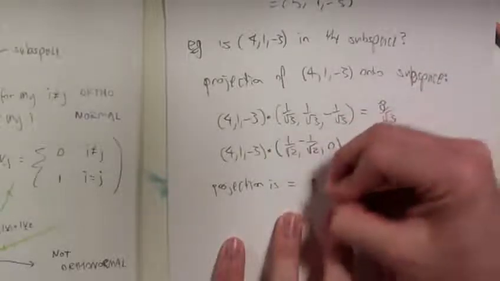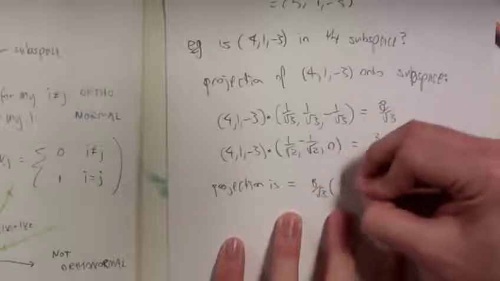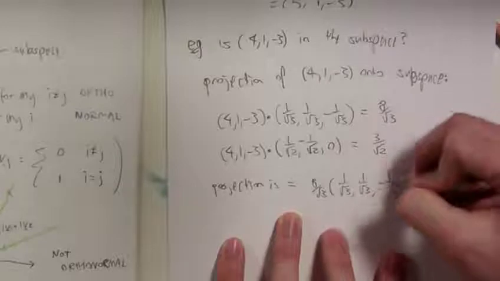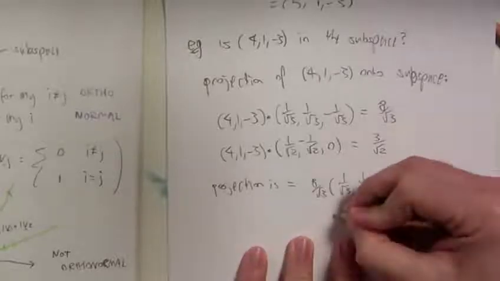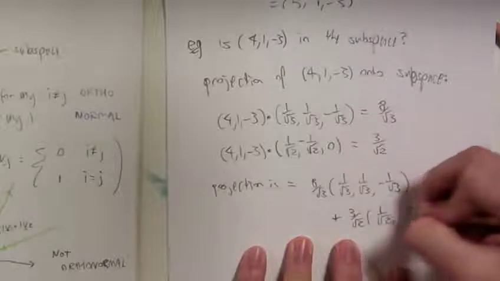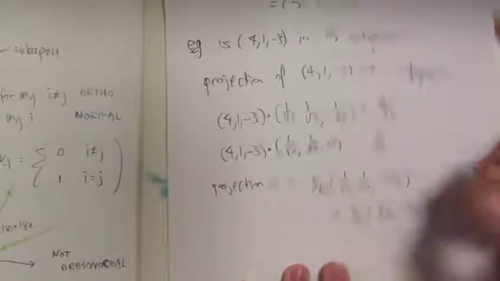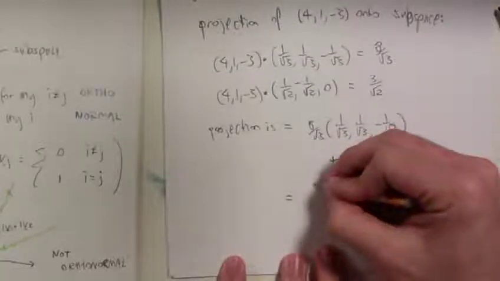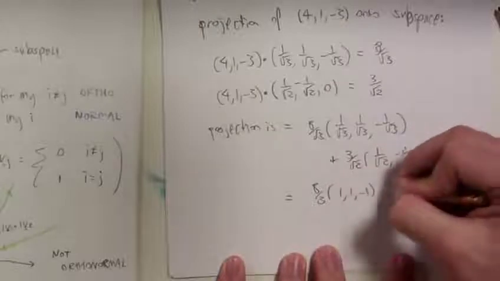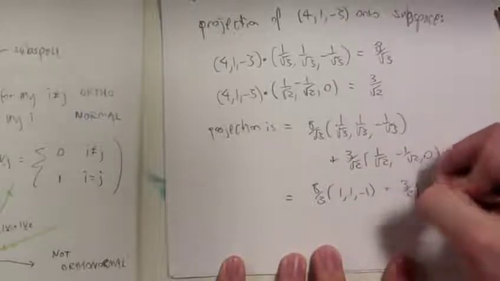8 on root 3 times 1 on root 3, 1 on root 3 minus 1 on root 3 plus 3 on root 2, 1 on root, which is 8 thirds of 1, 1, 1 and 3 halves of 1 minus 1, 0.